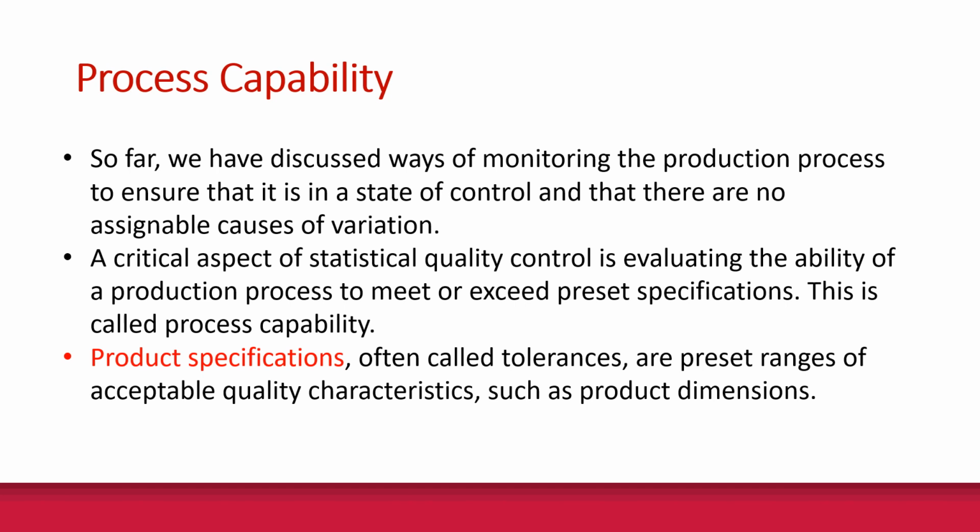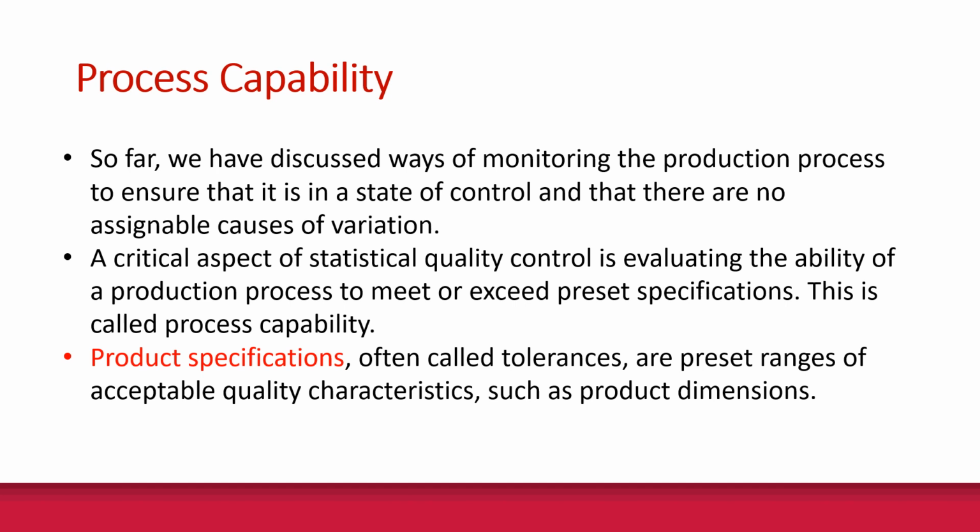So for example, if we're manufacturing lumber and our production process is producing 2x4s, there are certain tolerances on the width and the length and the thickness of a 2x4 when they're manufactured.